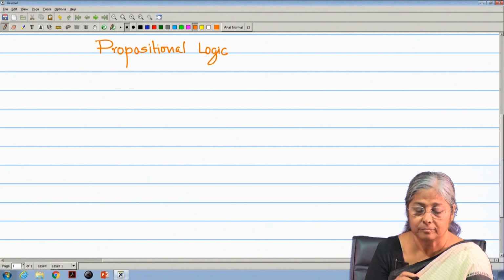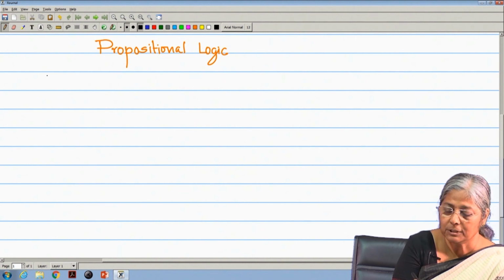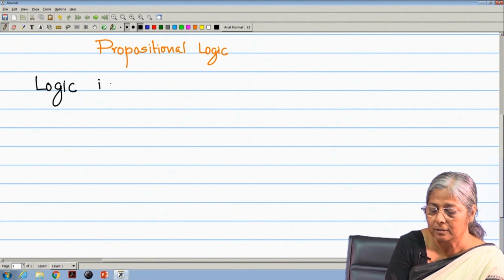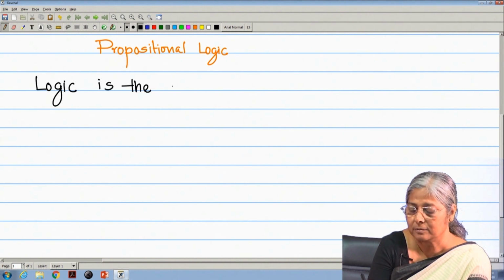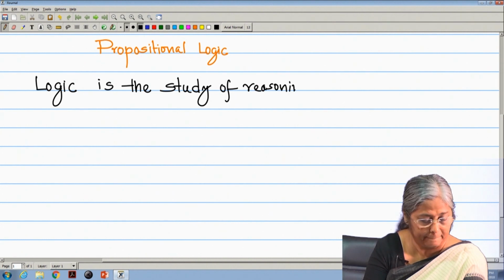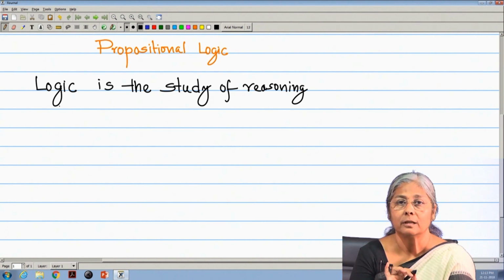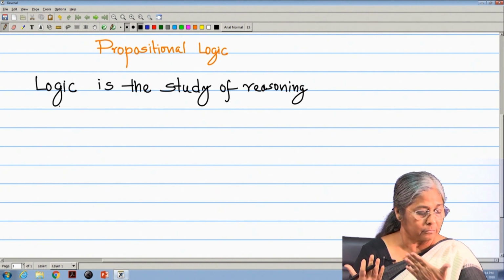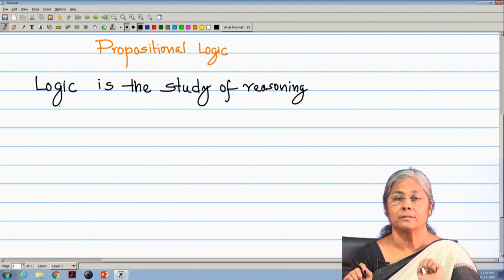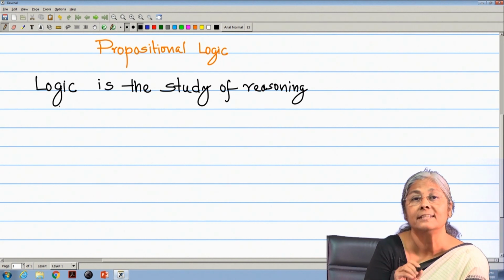What is logic? Logic is the study of reasoning. It is specifically concerned with the reasoning of two statements, or whether the reasoning is correct or not.